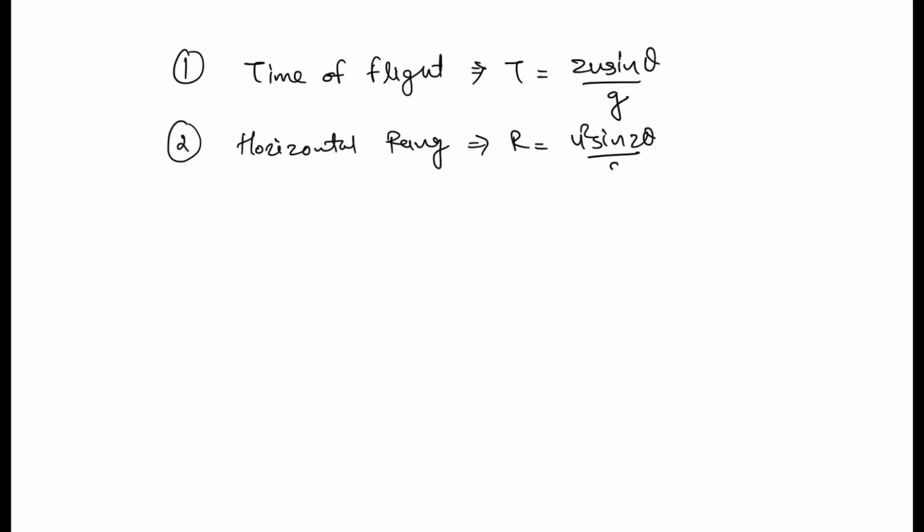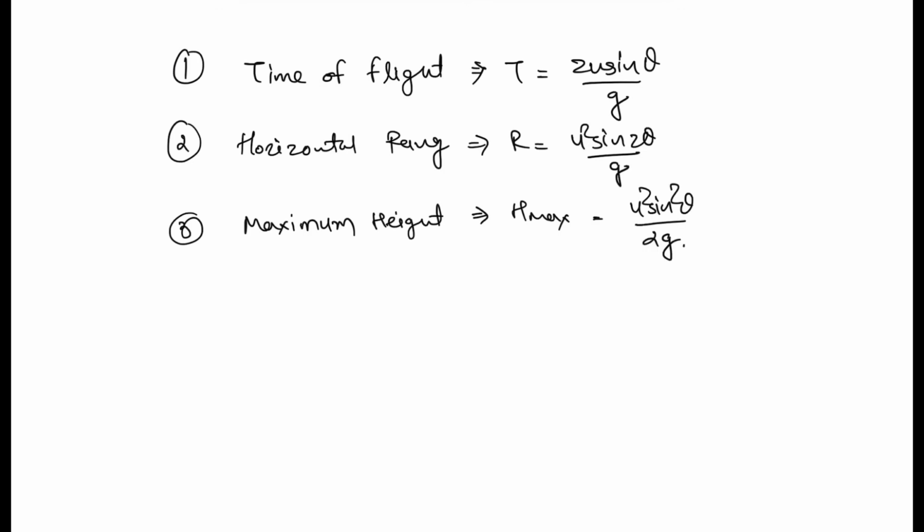And the third one is maximum height, h max is equal to u square sin square theta divided by 2g. We can solve any problem related to projectile motion with these three simple equations.